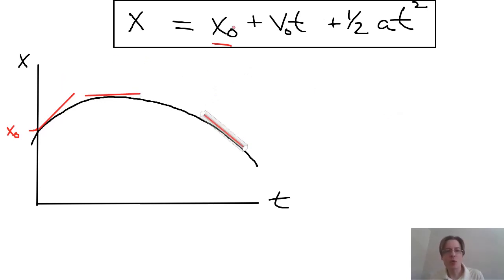So this graph corresponds to a negative acceleration, meaning the rocket started at this position, moving forwards with a positive velocity, but then the reverse thrusters come on, and it's moving forwards, but then slowing and coming back and speeding up the other way. Okay? So every term has a nice meaning: initial position, initial velocity, and then the acceleration describes how the velocity changes as the rocket travels.